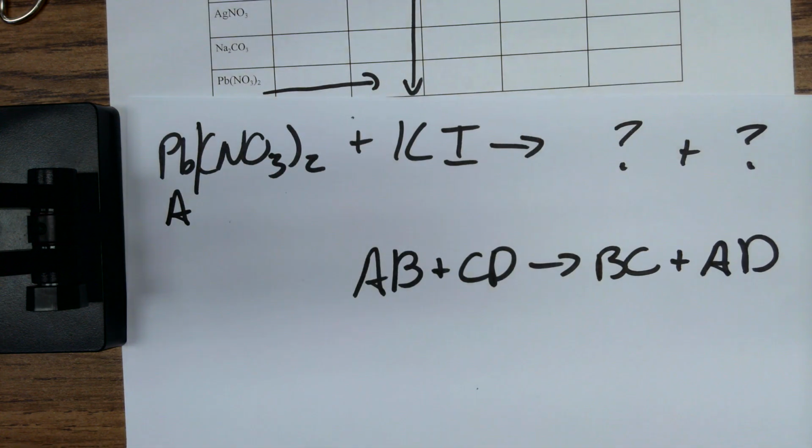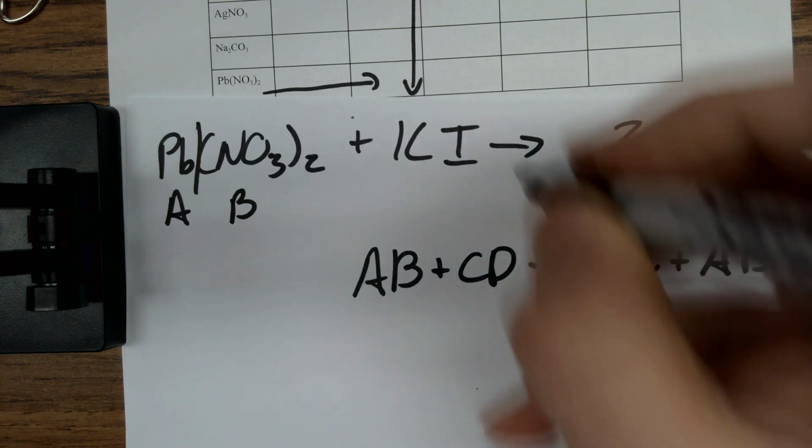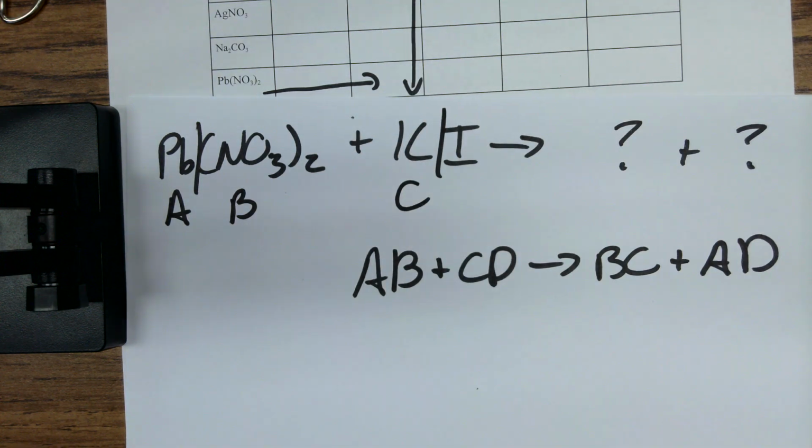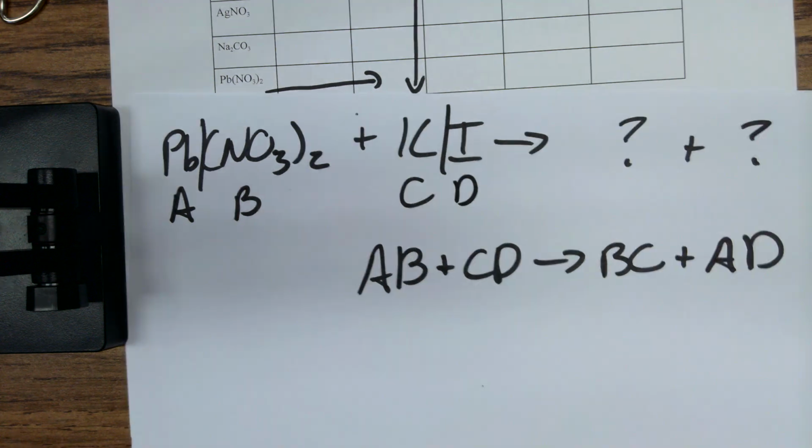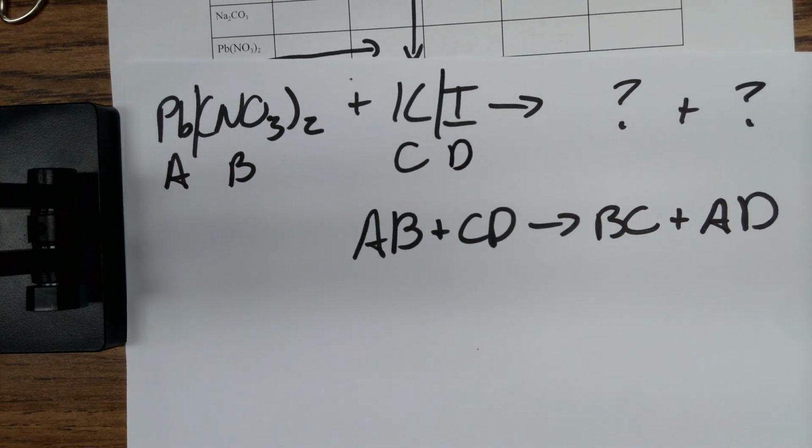Lead. What's B? Nitrate. What's C? Calcium. What's D? Iodide. So, what can I predict as my first product? I can do lead and iodine, right?